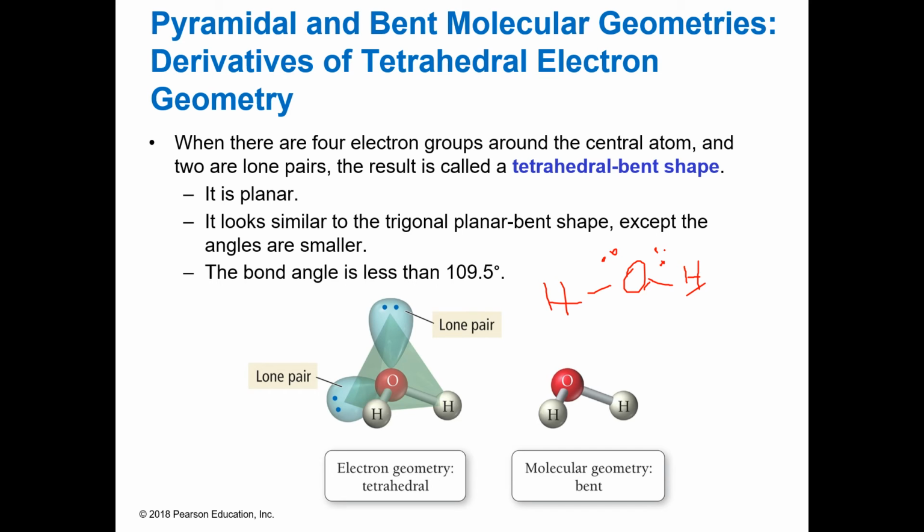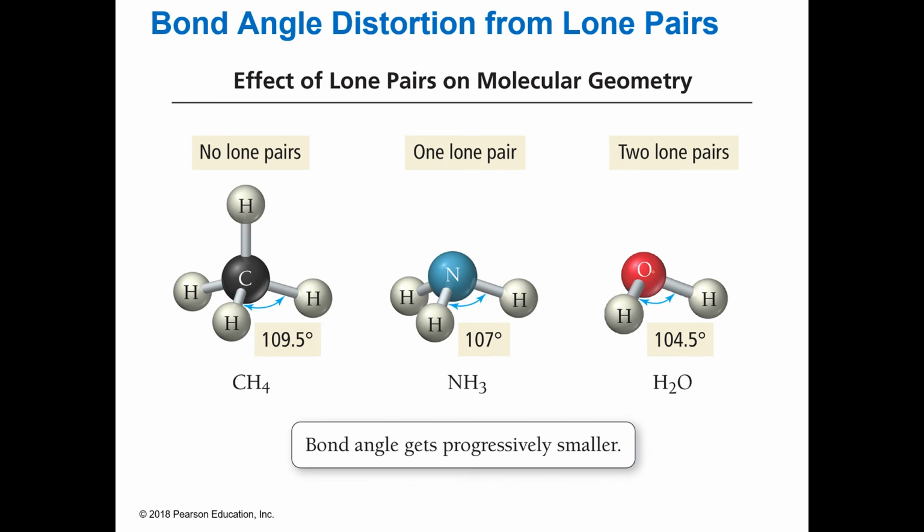It has 1, 2, 3, 4, right, on the oxygen. So its electron domain geometry is tetrahedral with 109.5 degrees between them if there were no lone pairs. But the molecular geometry is what we call bent. And that's because this is going to be less than 109.5 between hydrogen and hydrogen because of these lone pairs.